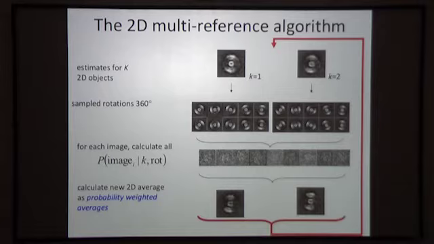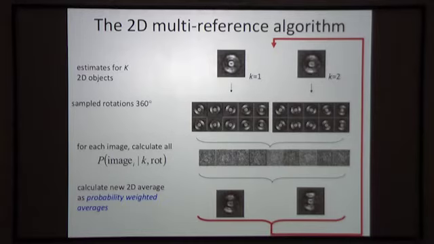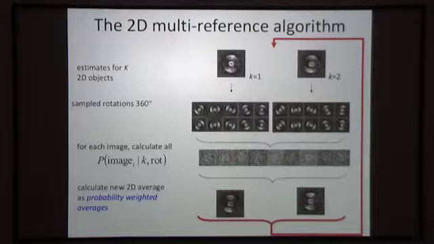So it could be that 60% of the weights of this experimental image goes to the first class, and that 60% is then spread out over all the in-plane rotations, and 40% goes to the other class, spread out over all the relative rotations there. So it's very similar to alignment, but we just have an additional dimension to search, if you like, which is class.